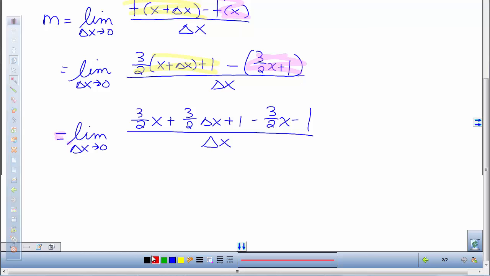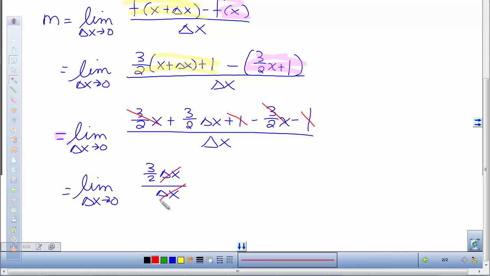Okay, looking at this and simplifying, we see 3/2 x is going to cancel out. We got a plus 1 and a minus 1. That cancels out. So we're left with the limit as delta x approaches 0 of 3/2 delta x over delta x. Of course, the delta x's cancel.